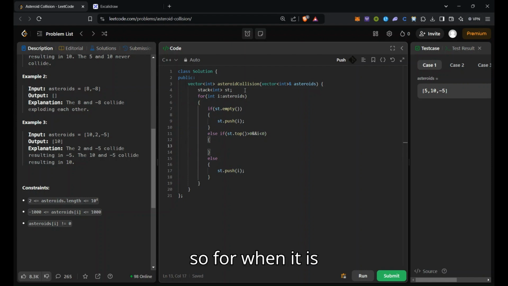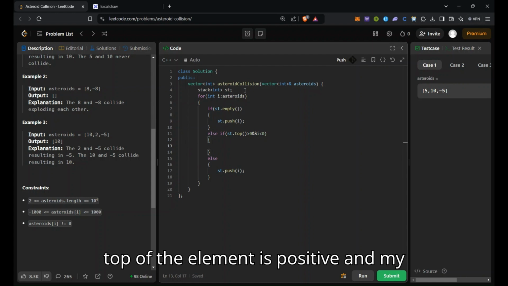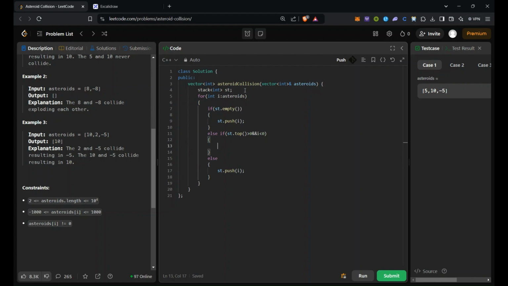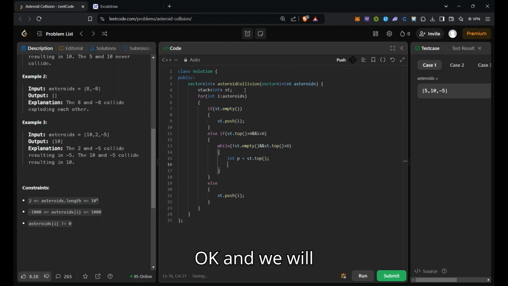So when the top element is positive and my current element is negative, while the stack is not empty and the stack top is greater than 0, we will pop it: int p equals stack top.